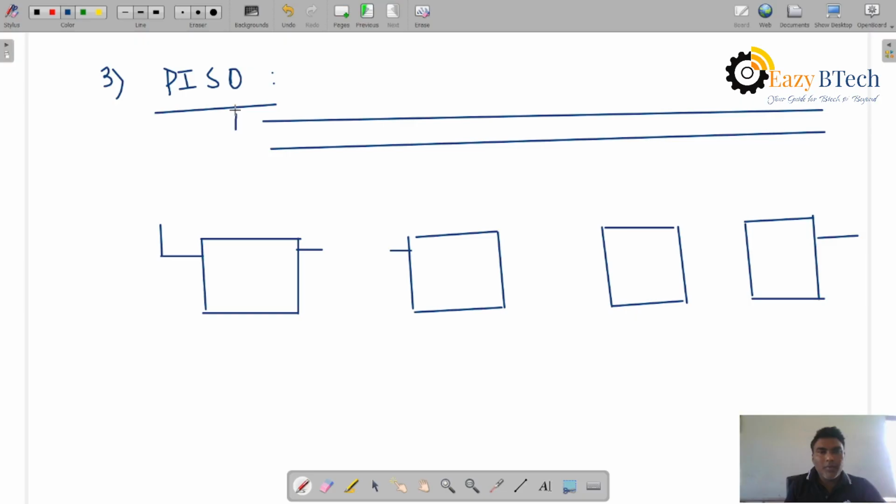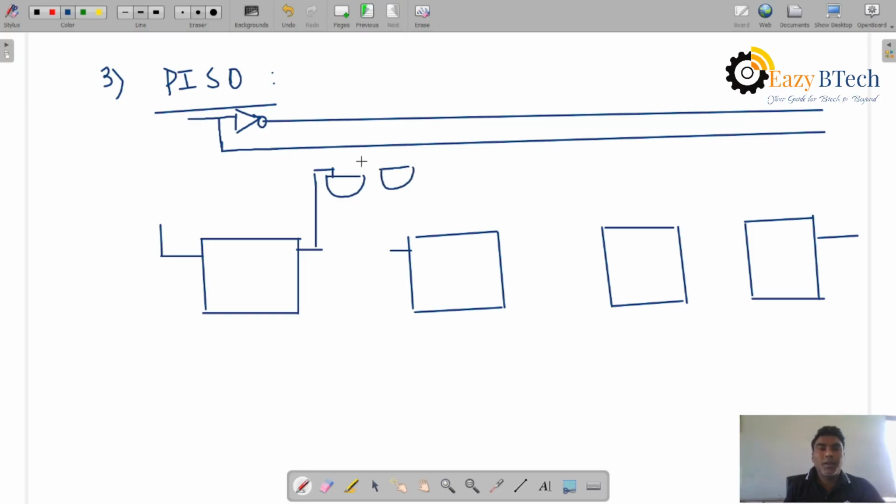We'll apply an inverter over here. This is a path from here to here. From here we can take an AND gate. This is one AND gate over here.